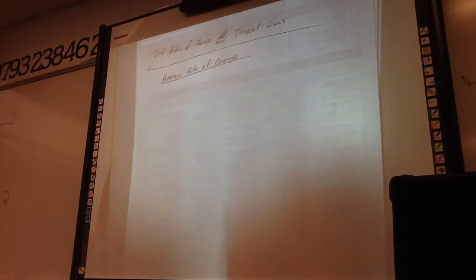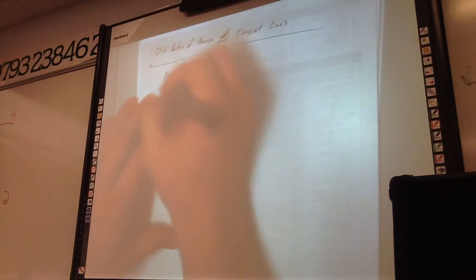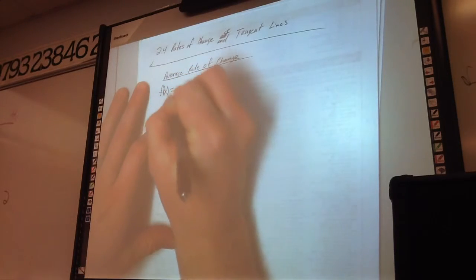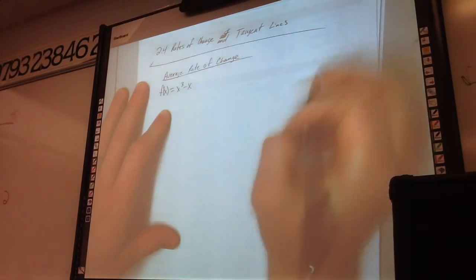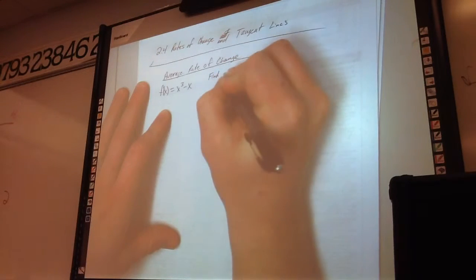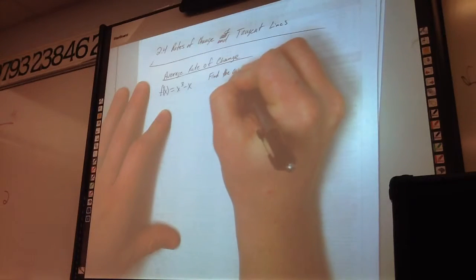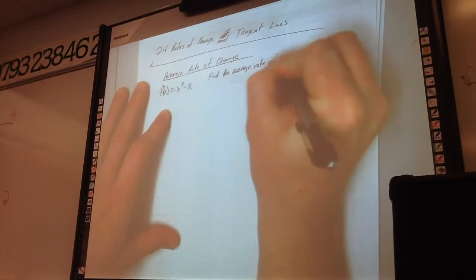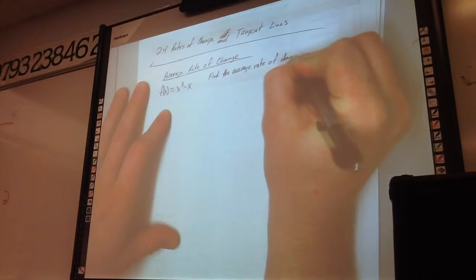So I could say, and this is the first example here, if you have a function x to the third minus x, you could ask, find the average rate of change over the interval.